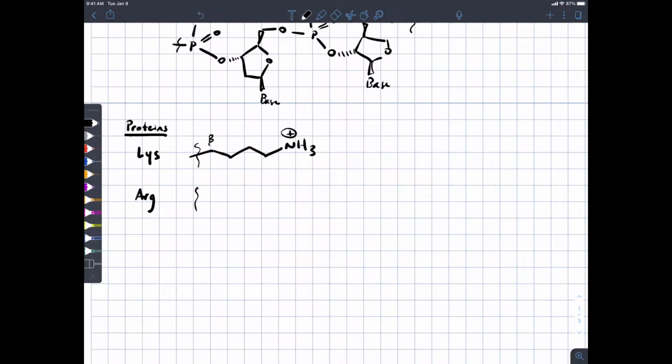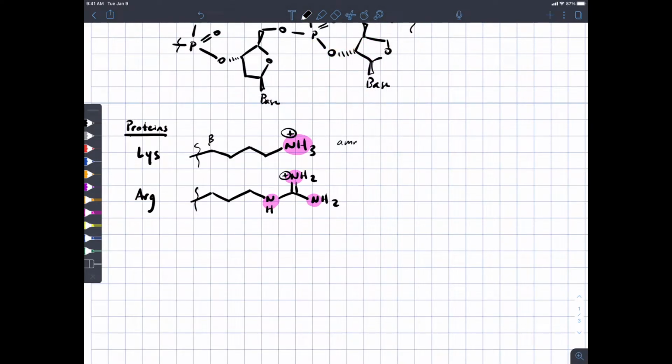There's another side chain that looks similar to lysine, only, let's see, beta, gamma, delta, nitrogen. And it's also positively charged, but the positive charge is sort of delocalized onto these three nitrogens instead of being localized on an amino group.